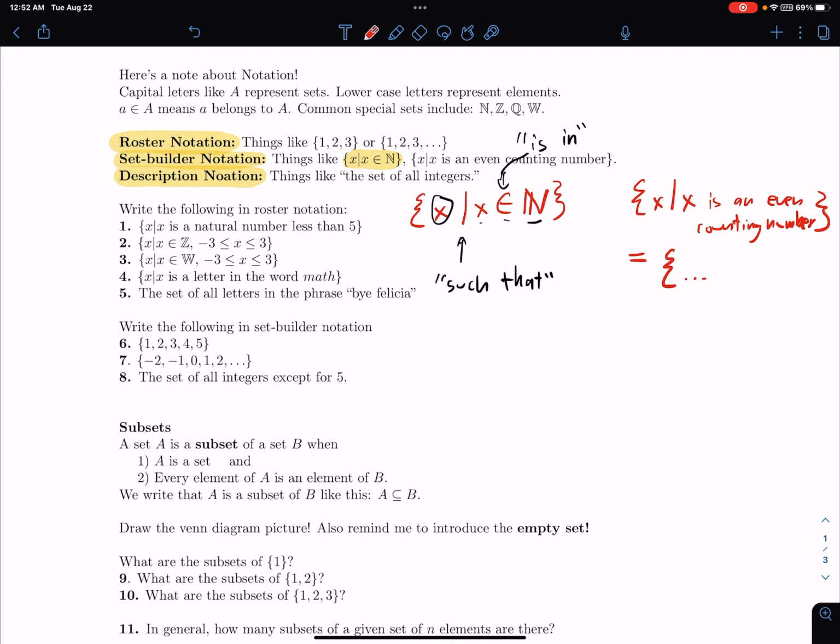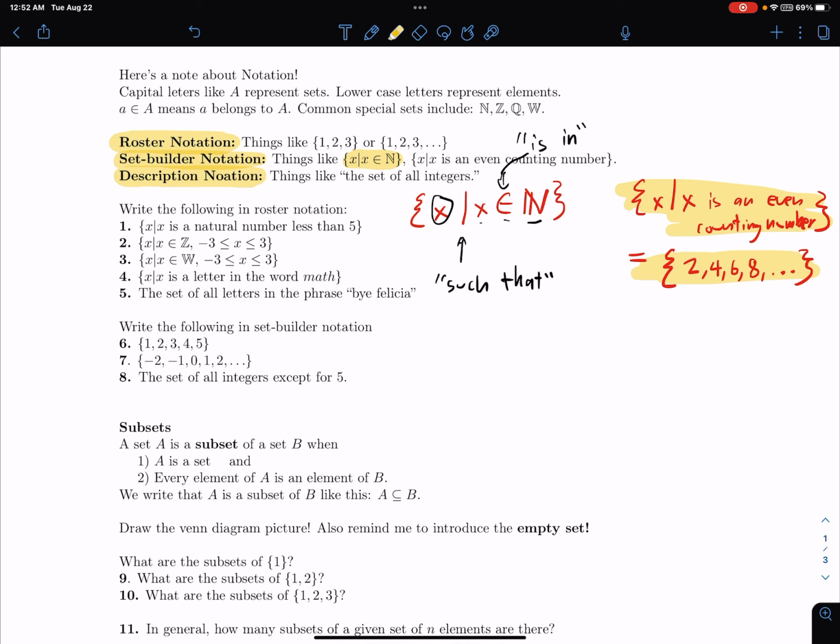Dots to indicate that it goes on forever. Actually, no, I'm sorry, I did that in the wrong order. Even counting numbers. Counting numbers are things like 1, 2, 3, 4, 5. But if it's even, that means only 2, 4, 6, 8, etc., right? And then the dots to indicate that I'm going to go on forever. So this first version would be set builder notation, and the second one is roster notation.